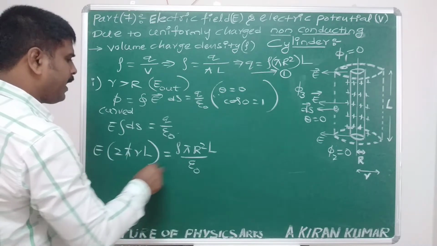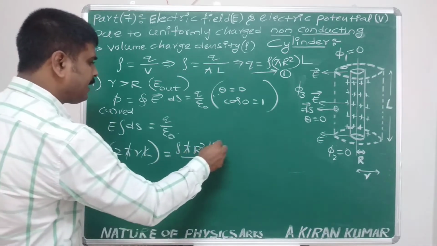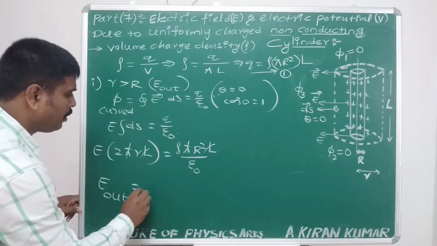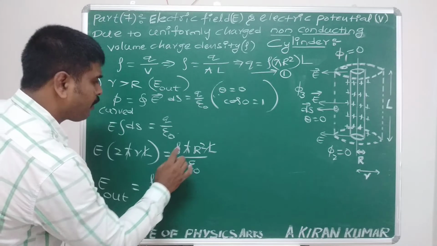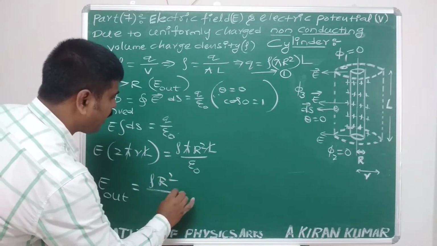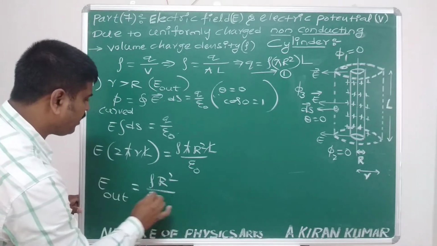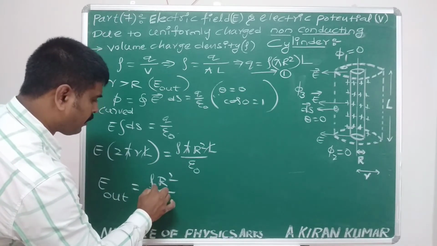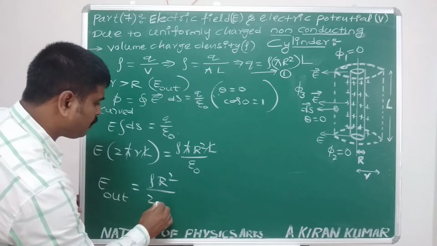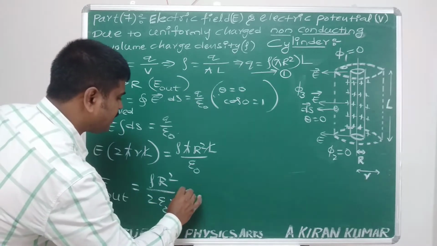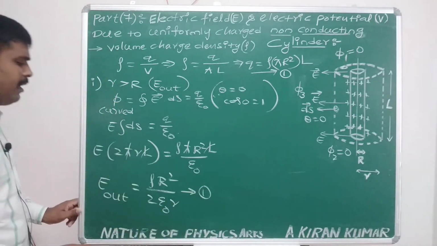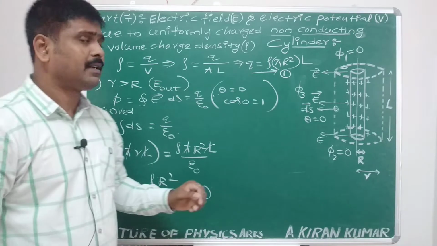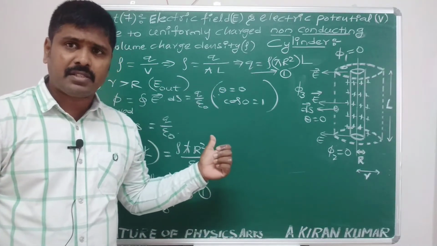Here pi cancels and L cancels, and the remaining value is E outside equal to rho into capital R square, divided by 2 epsilon naught into r. This is taken as equation number 1. This is the electric field intensity outside of a non-conducting cylinder from Gauss law.